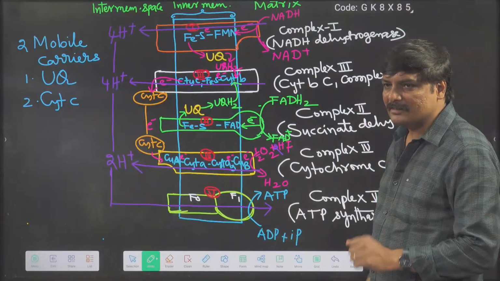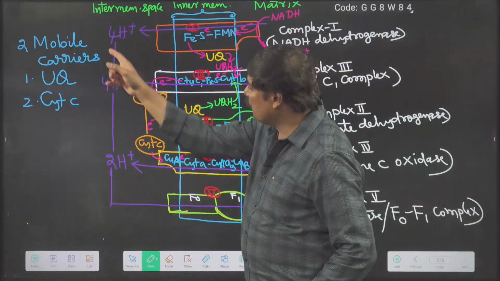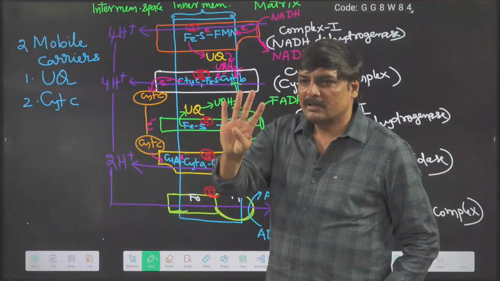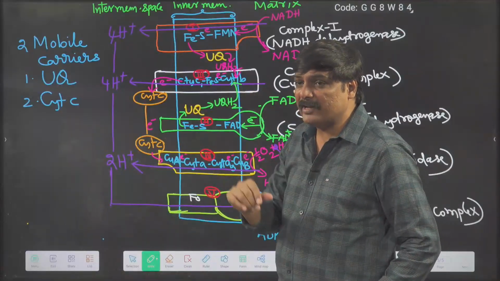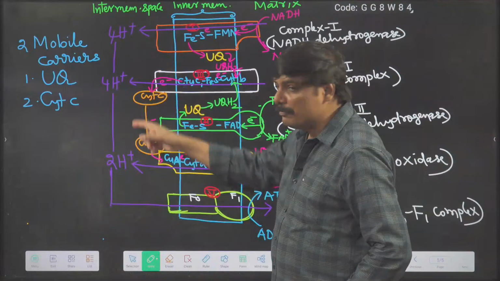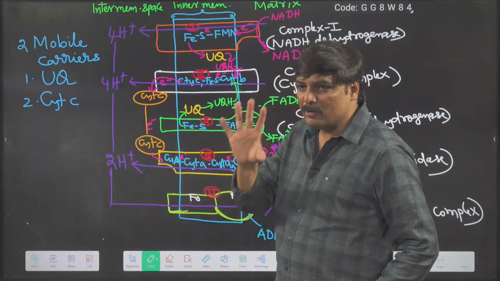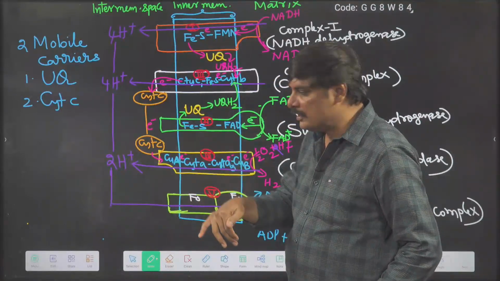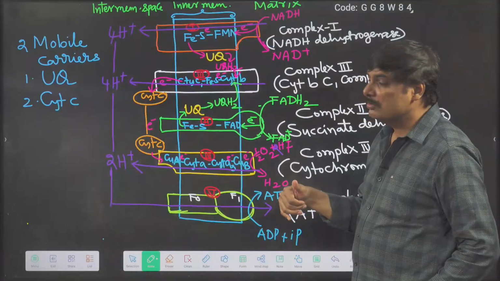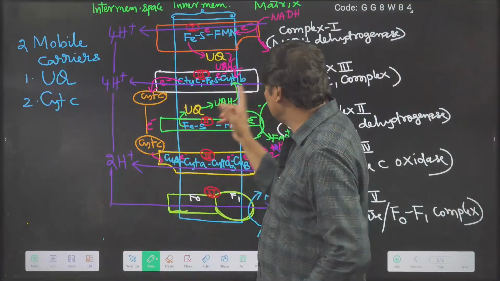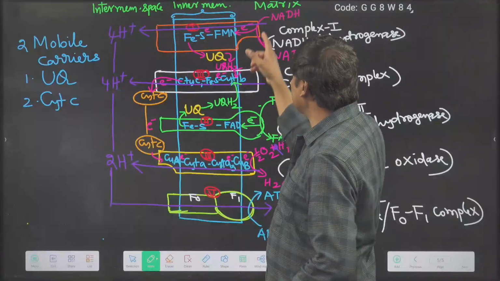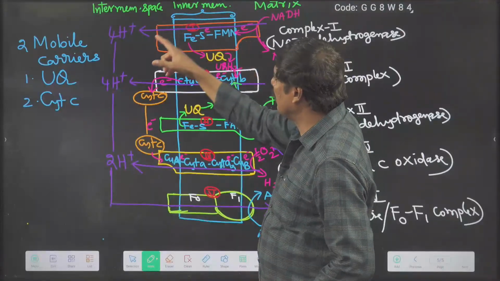Because of that, it loses 4 protons. So 4 protons. That means how many protons are possible for FADH2 in the intermembrane space? How many protons are accumulated in the intermembrane space from FADH2? Only 6. 4 plus 2. Because this gateway complex is not involved.